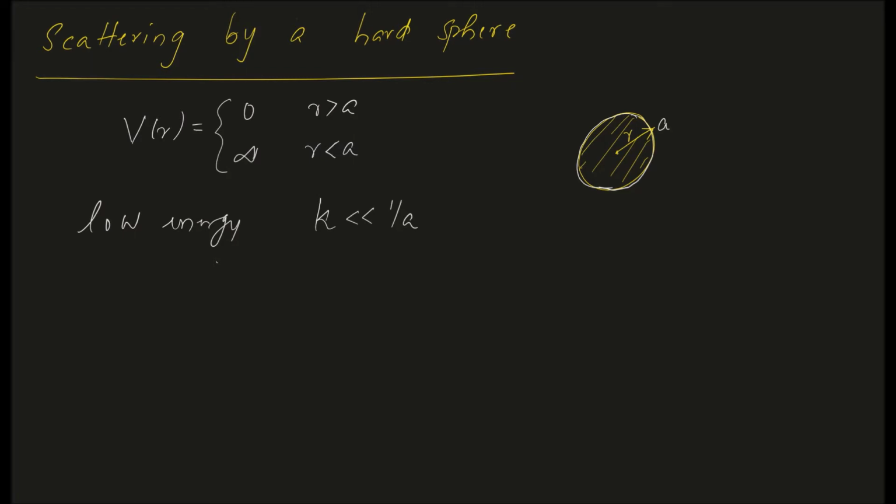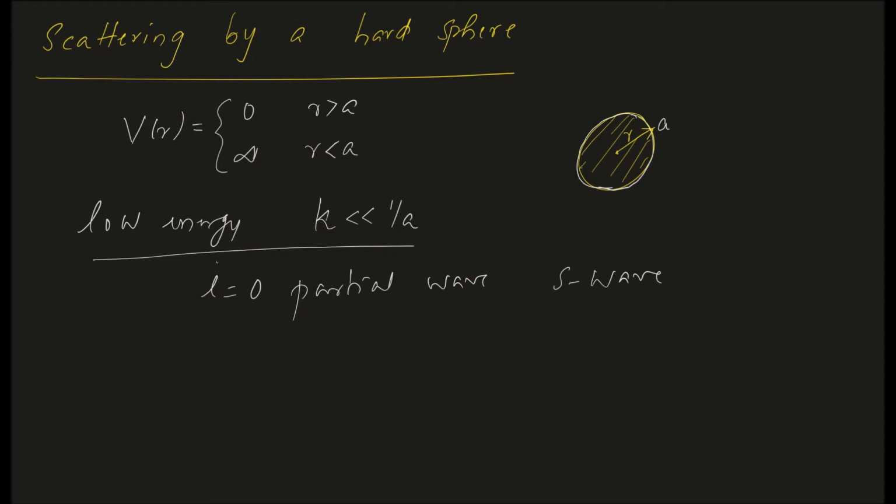Then the potential barrier inhibits the particle from entering the region of the scatterer, and you can show that within this low energy limit the scattering occurs only for the L equal to 0 partial wave. So in the partial wave analysis, we need to consider only the S wave contribution for low energy limits.